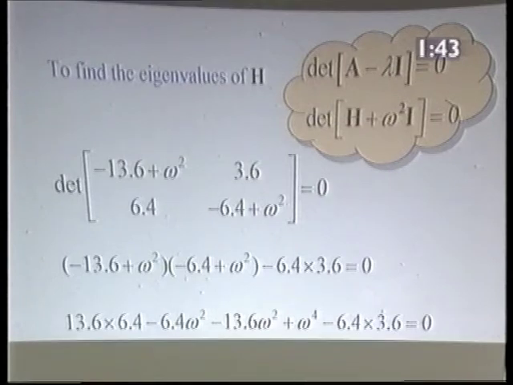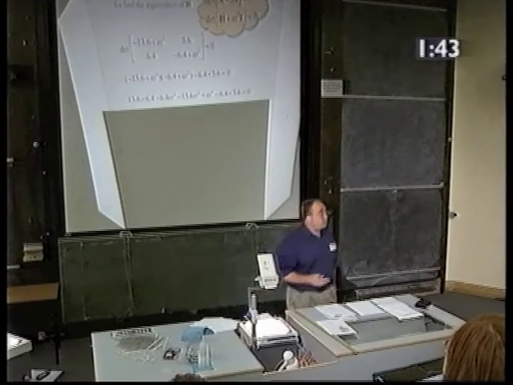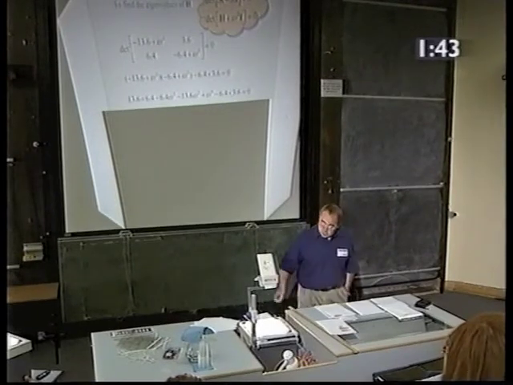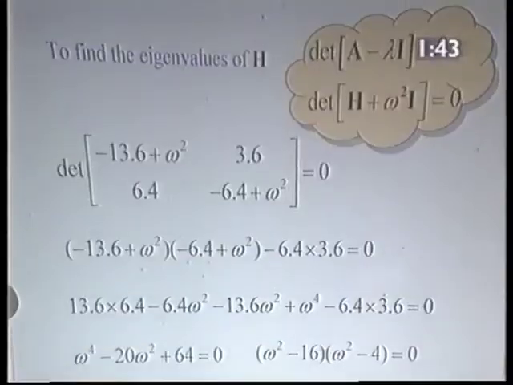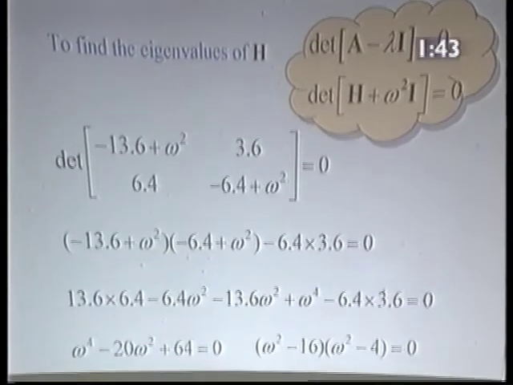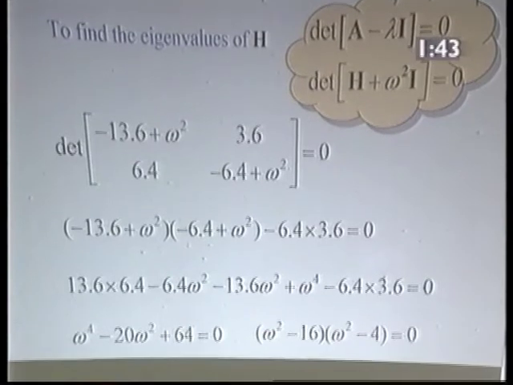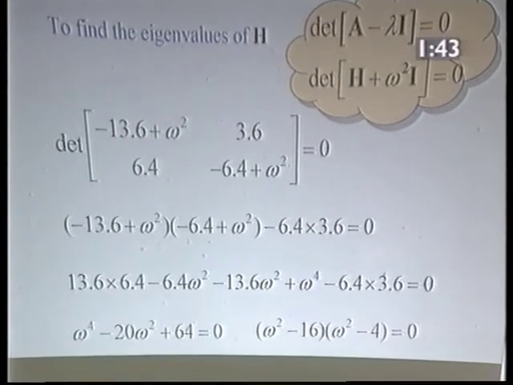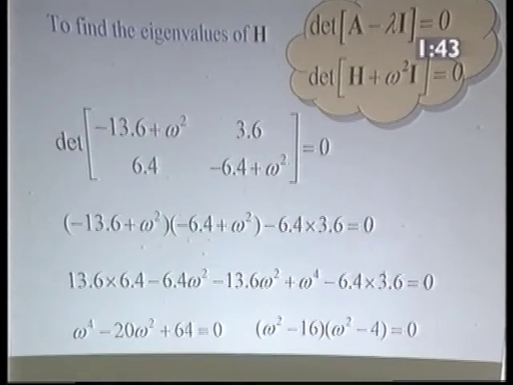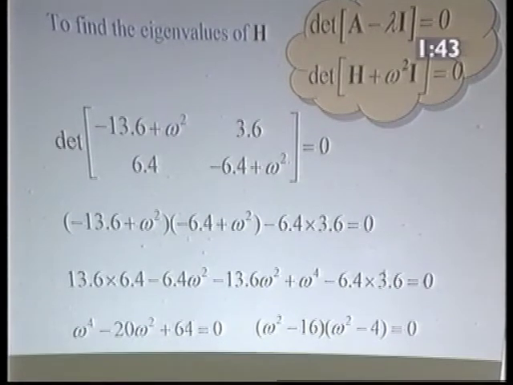And Mrs. Macpherson was absolutely spot on when she said that if you use these particular numbers, the numbers will work out. Because if you gather those terms together, the omega squared term, minus 6.4 and 13.6, just so happens to equal 20. And 13.6 lots of 6.4 minus 3.6 lots of 6.4 is 10 lots of 6.4, which gives you 64.